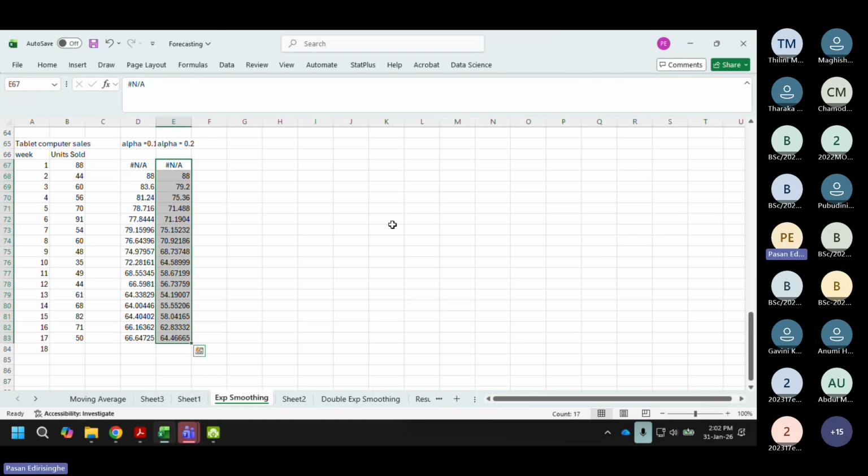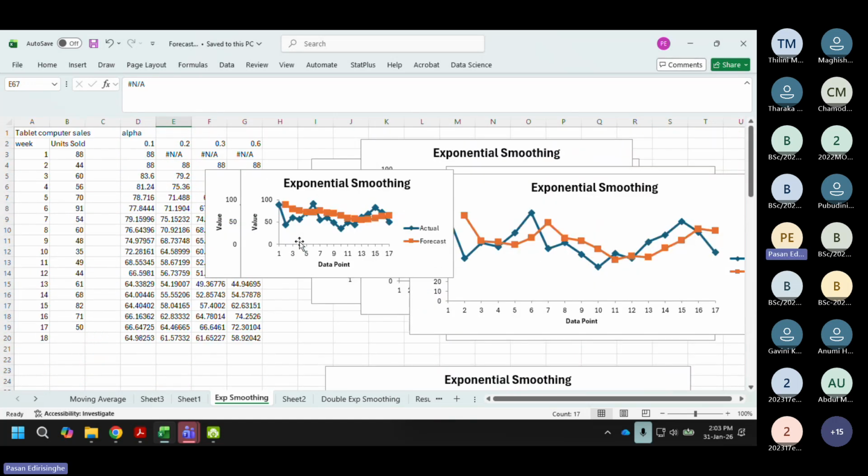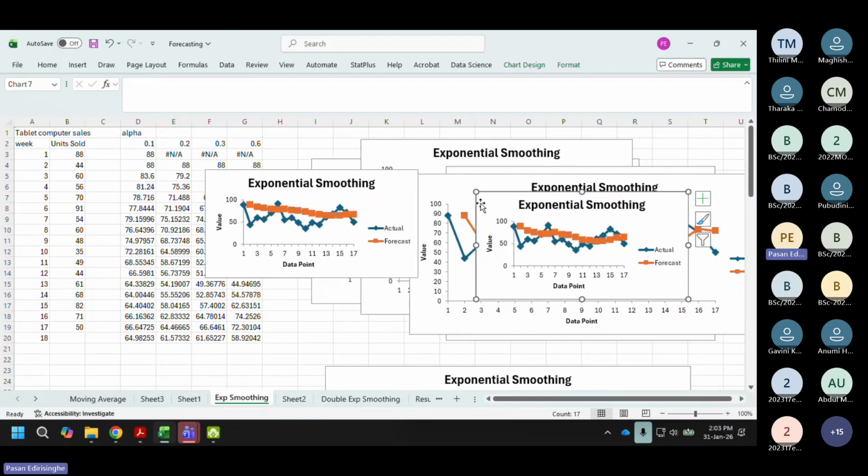So you can see for the alpha equal 0.2 and so on, right? You can work on that for the different alpha values, and you can see the chart output there. So for the 0.2, this is for the 0.1 and this is for the 0.2, right?